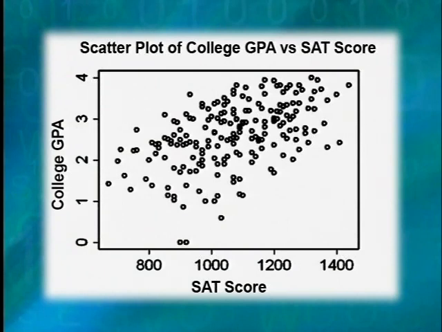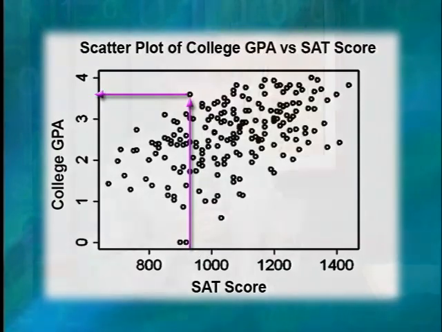And getting a higher SAT score doesn't guarantee a higher grade. See, this person got a 1200 SAT, but has a 1.8 grade point average, whereas this one had less than 1000 SAT, and has a 3.5 grade point average. So it's not at all a perfect correlation.